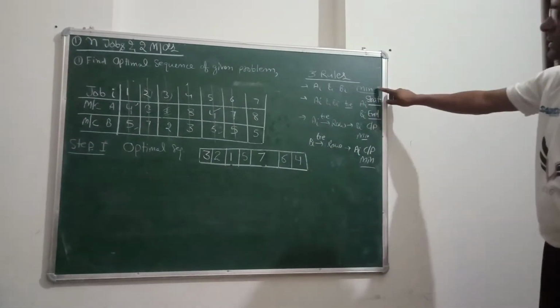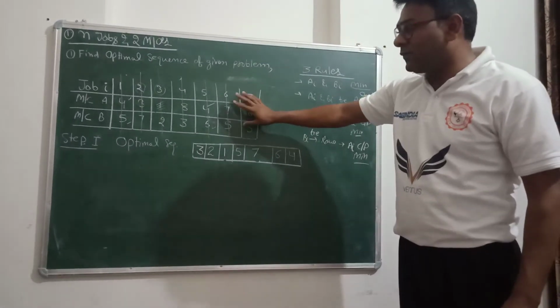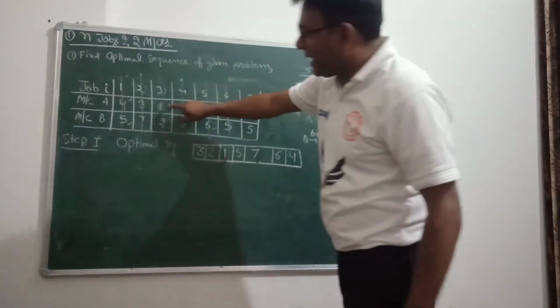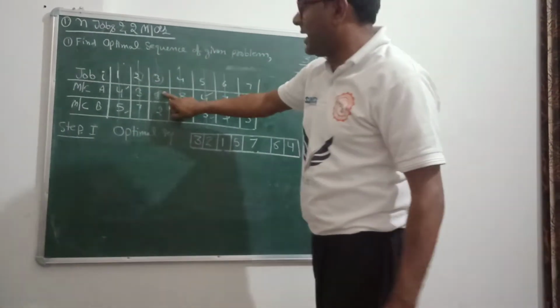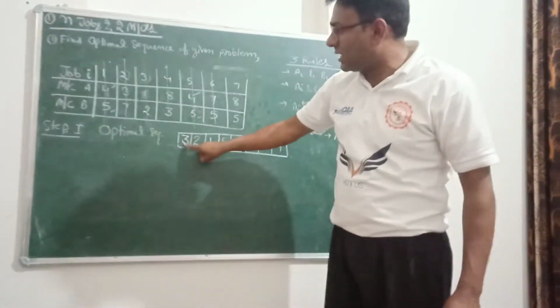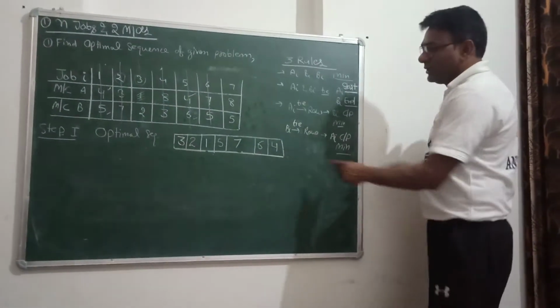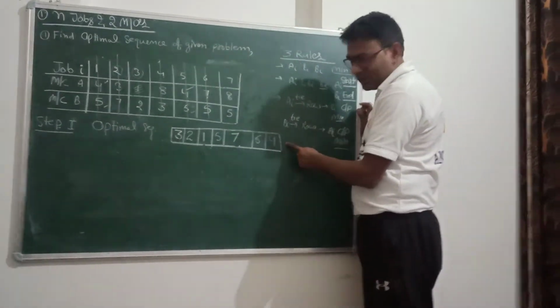Rule 1 says that from the starting we have to choose the minimum values. If there is no tie, and the value lies in A, start from the starting and enter the job in the starting of the sequence, and if it lies in B, enter the job in the last cell of the optimal sequence row.